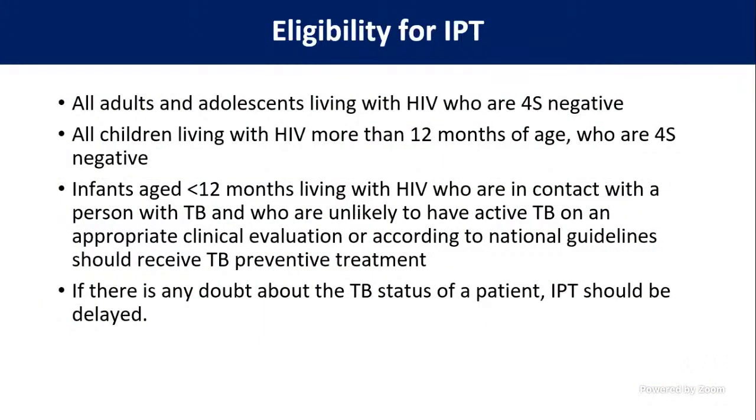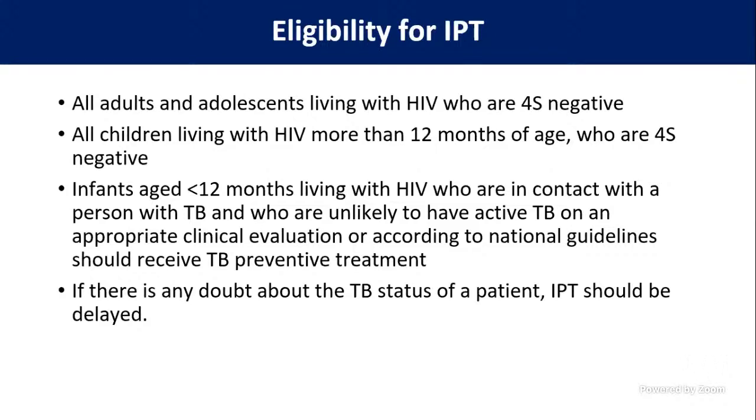So what is the eligibility for IPT? As part of our intensive case finding for tuberculosis, we do a 4-symptom screening thoroughly, and all patients who are 4S negative will be eligible for IPT. Very importantly, the second step is to look for any contraindications to initiating IPT.